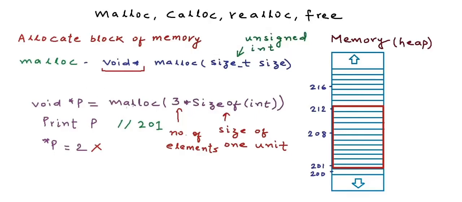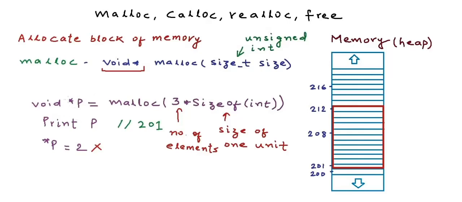Because malloc itself is a generic function to allocate some number of bytes in heap memory, it does not care whether you are allocating this memory to store characters, integers, or any other data type. It simply returns a void pointer to the starting address. To be able to use this block of memory, we first need to typecast this void pointer into a pointer of some data type.